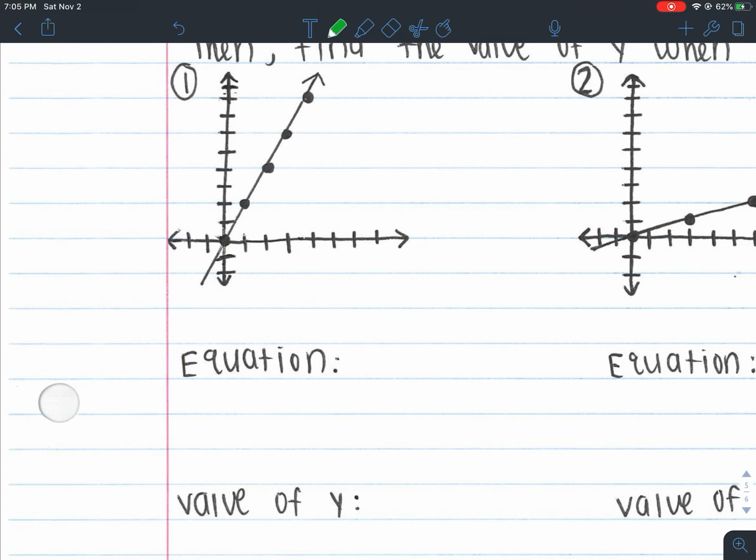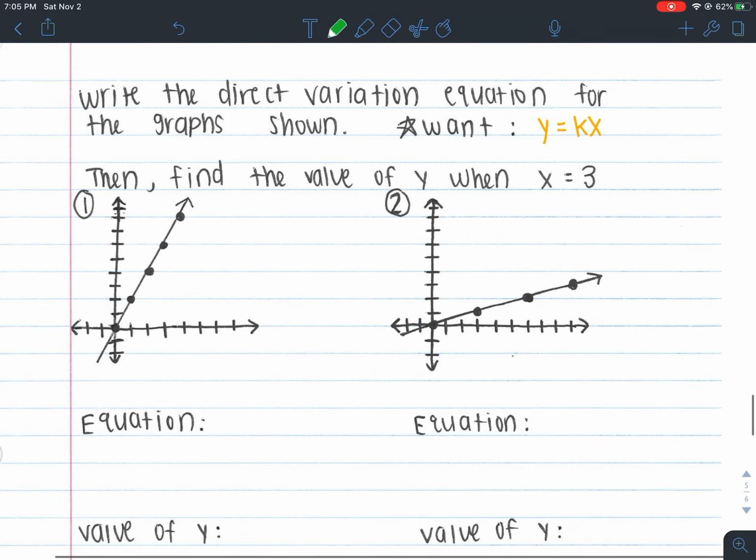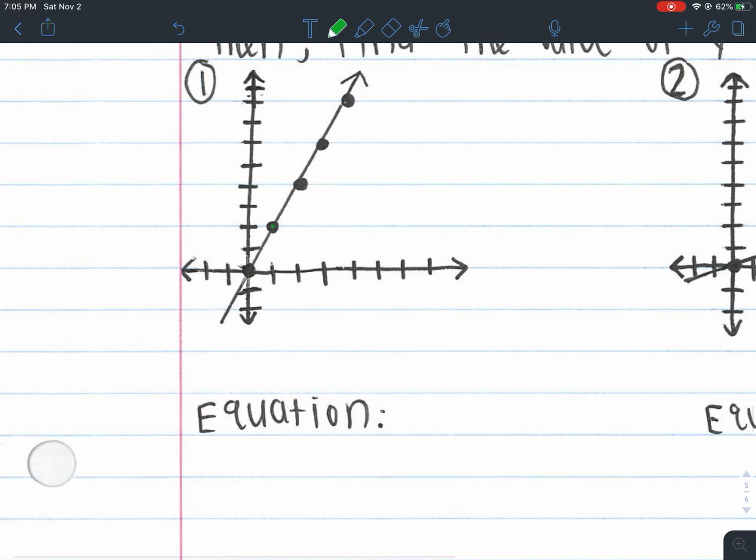Now, if our direct variation equation is y equals kx, I just have to figure out what k is. But remember, k acts like a slope. So let's go ahead and find the slopes of these graphs. I'm going to start at this point. Remember, you can find slope between any 2 points. I just want to start there.